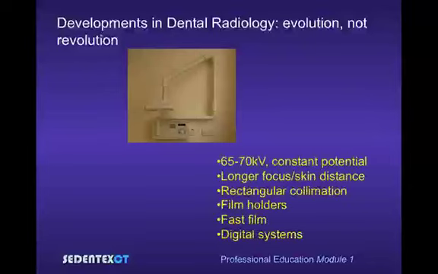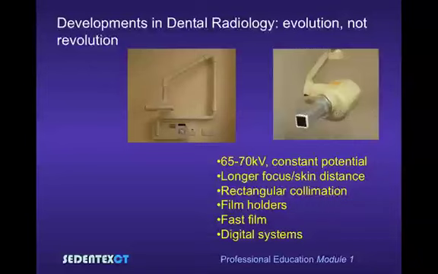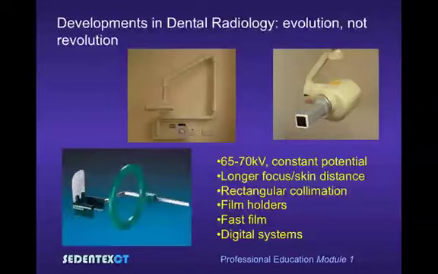Today we have 65 to 70 kV constant potential X-ray sets, a longer focus to skin distance, rectangular collimation, the use of film holders, fast film, and increasingly the substitution of film by digital systems.